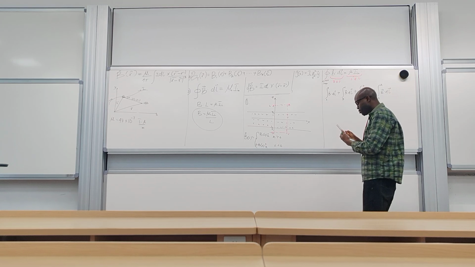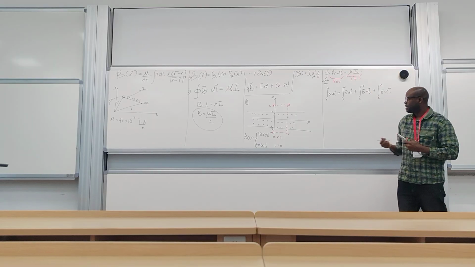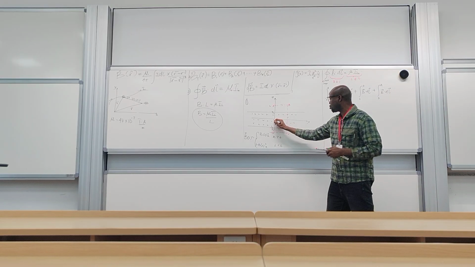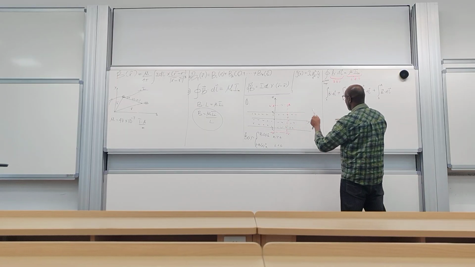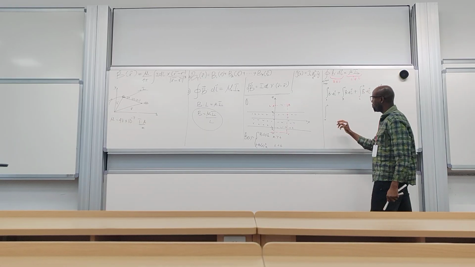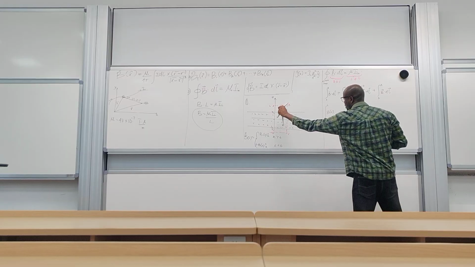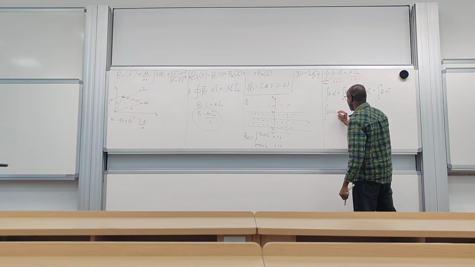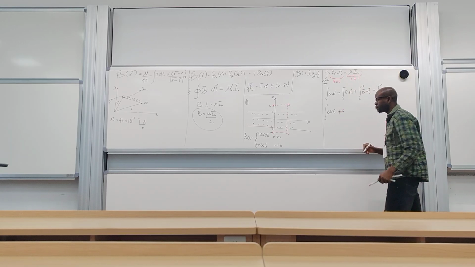So right now, I want to care about the left hand side. That's where I'm starting from. Therefore, let's say this is from 0 to L. So for the first part, A to B, the integral is from 0 to L, and this B is B of Z because it's on this X axis, dot dl in the X direction.